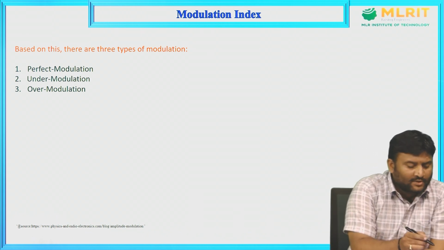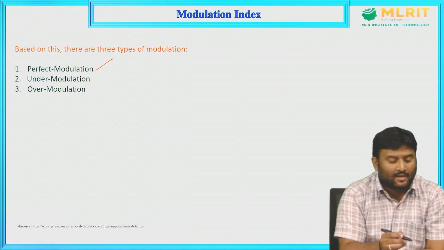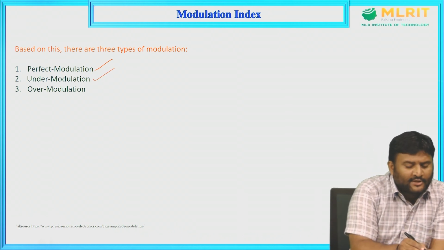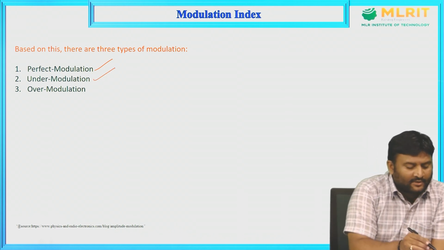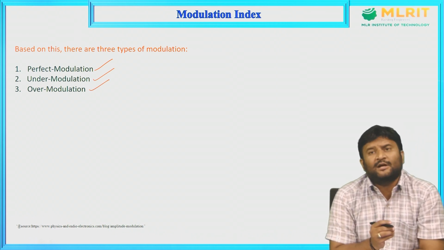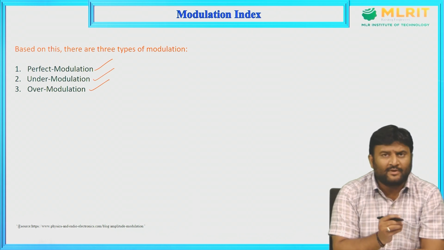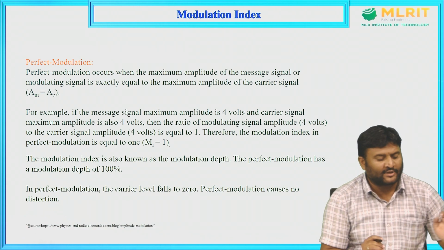What are those? The first one is perfect modulation, second one is under modulation, and third one is over modulation. What is perfect modulation? It is also called critical modulation index. One by one we learn what is perfect modulation.